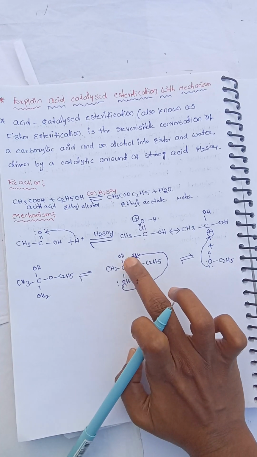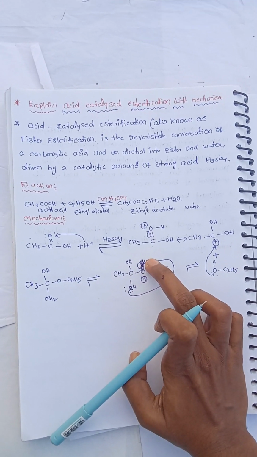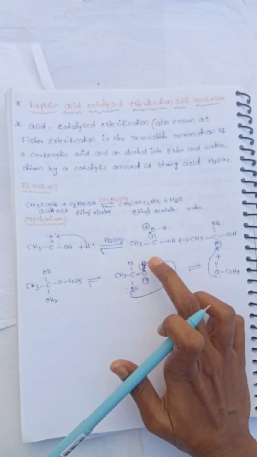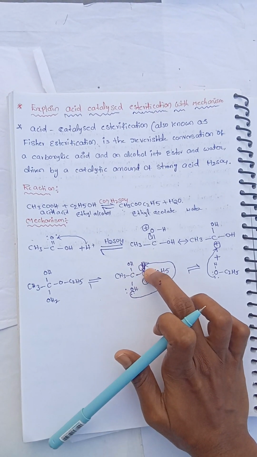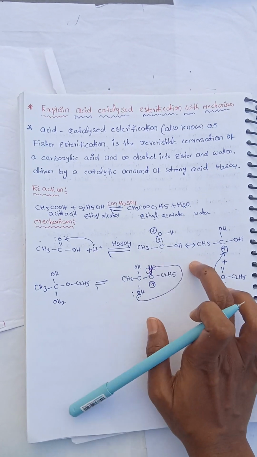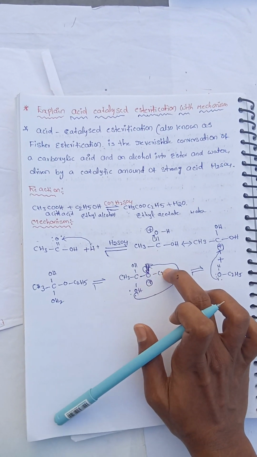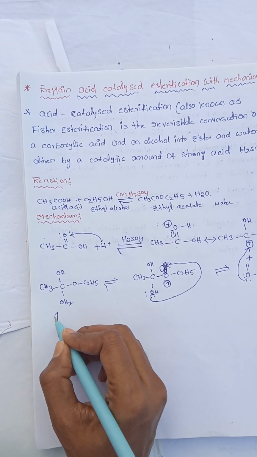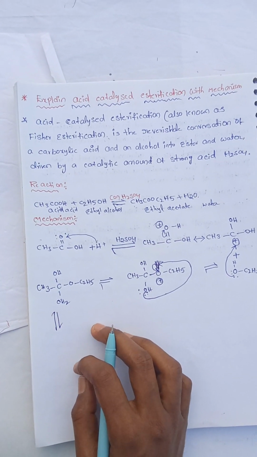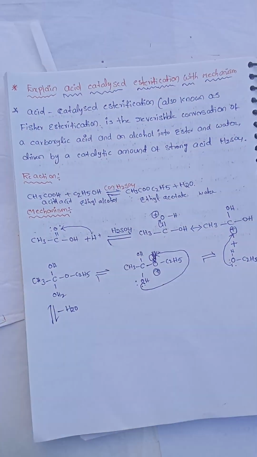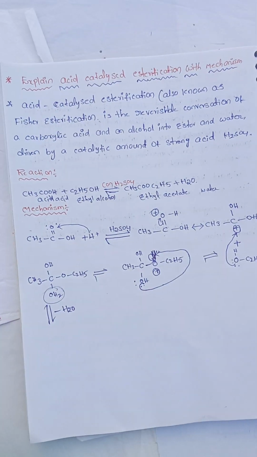When the lone pair is attached to this, again this hydrogen gets a positive charge. When the hydrogen gets a positive charge, you have to remove the bond side. Now this OH is like this, and again oxygen will remove the positive charge. Now coming to the last, here you have to remove the H2O, that means you have to remove this one.